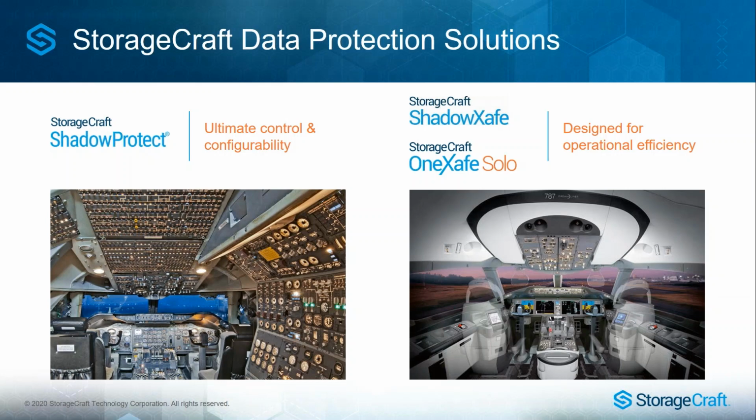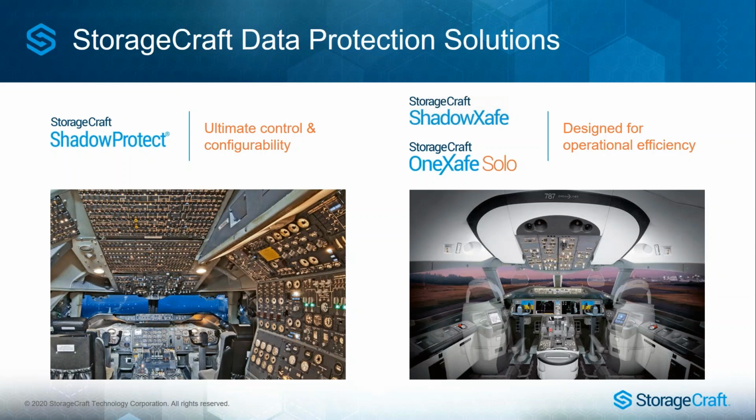On the right-hand side, a slightly different approach is a solution designed to really increase and maximize the efficiency of your operations, where a lot of the decisions you don't have to make explicitly. They just happen behind the scenes. Central management is the starting place, not something that you add on to it.